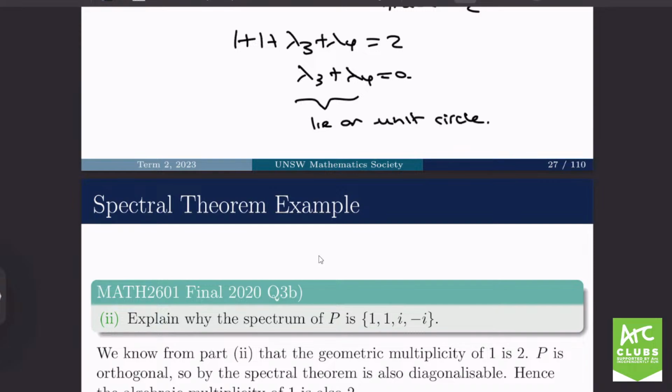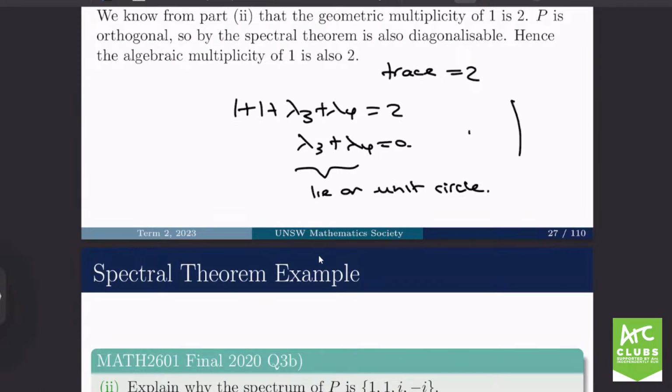So we have two eigenvalues that sum to 0 and lie on the unit circle. If you look at the unit circle here, the question is, what are 2 values that add to 0? You can see that 1 and negative 1 lie on the unit circle and add to 0.